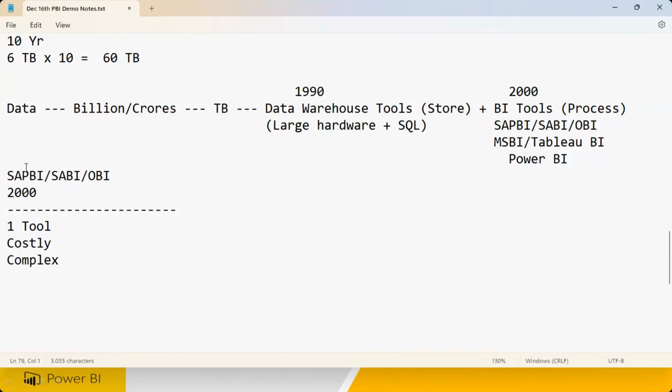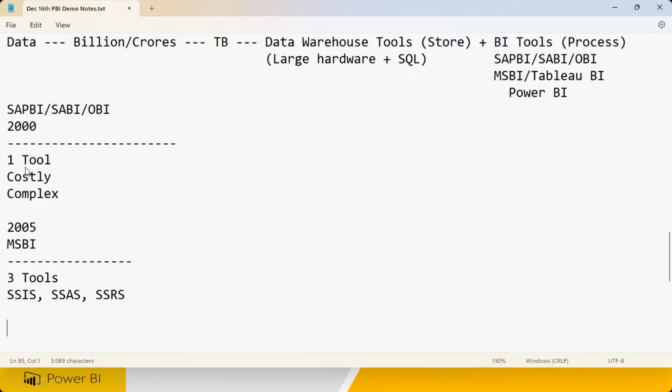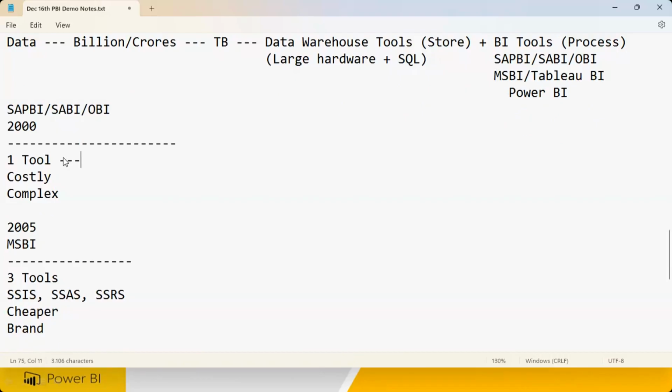To overcome this, in 2005 Microsoft introduced MSBI, where three tools are given: SSIS, SSAS, and SSRS. These three tools together are called Microsoft Business Intelligence. They are cheaper compared to that, and you have the Microsoft brand. Because of that, everybody started using MSBI, because you get three tools. Here you only get one tool, and that is also a reporting tool.